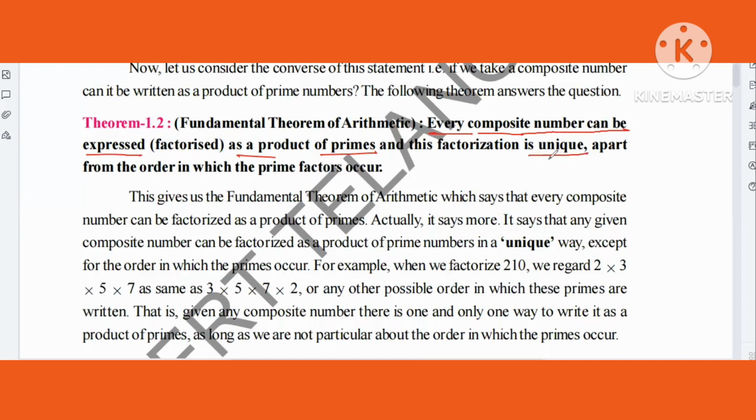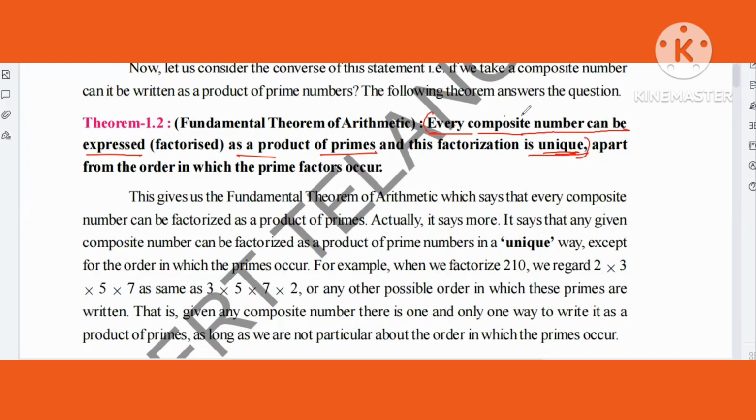It means you can write it in only one way, apart from the order in which the prime factors occur. This is very easy to understand.